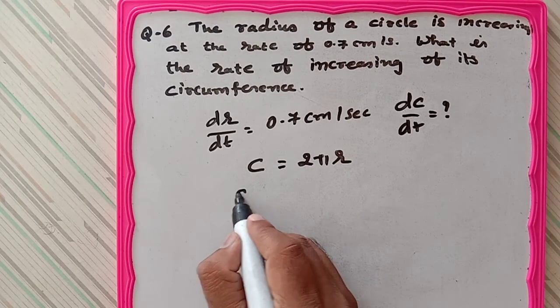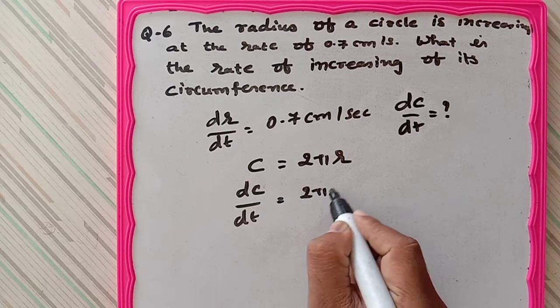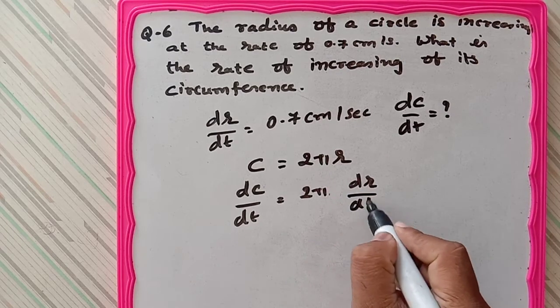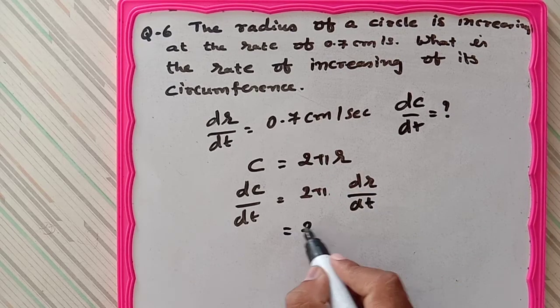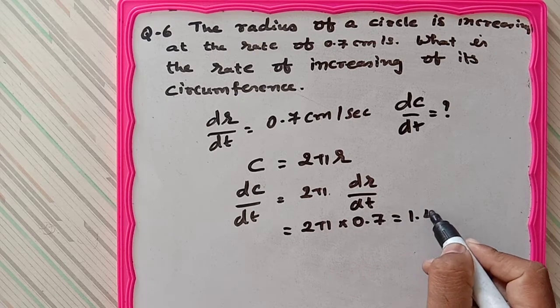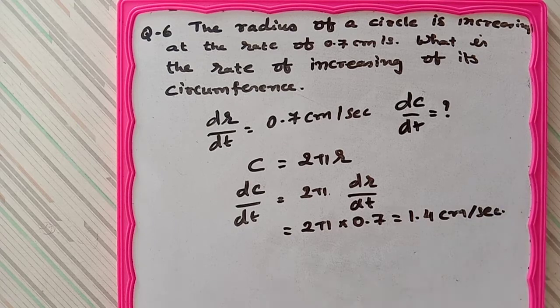Differentiating with respect to time, dC/dt equals 2 pi dr/dt. And so 2 pi into 0.7 gives 1.4 pi centimeter per second.